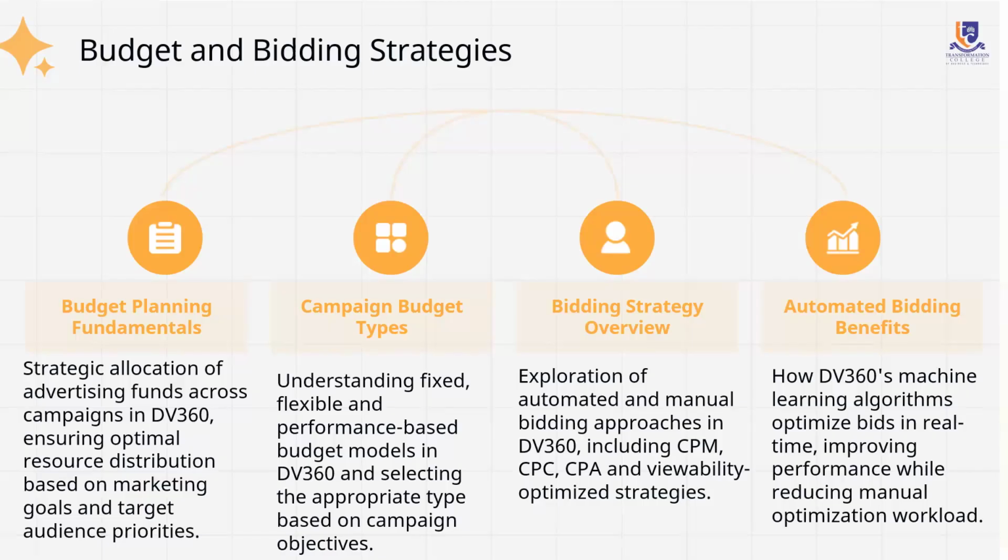And automated bidding benefits. This is how the machines learn through algorithms to optimize bidding in real time, improving performance while reducing manual optimization workload. For instance, this really just talks about how the influence of AI has taken over on ads.